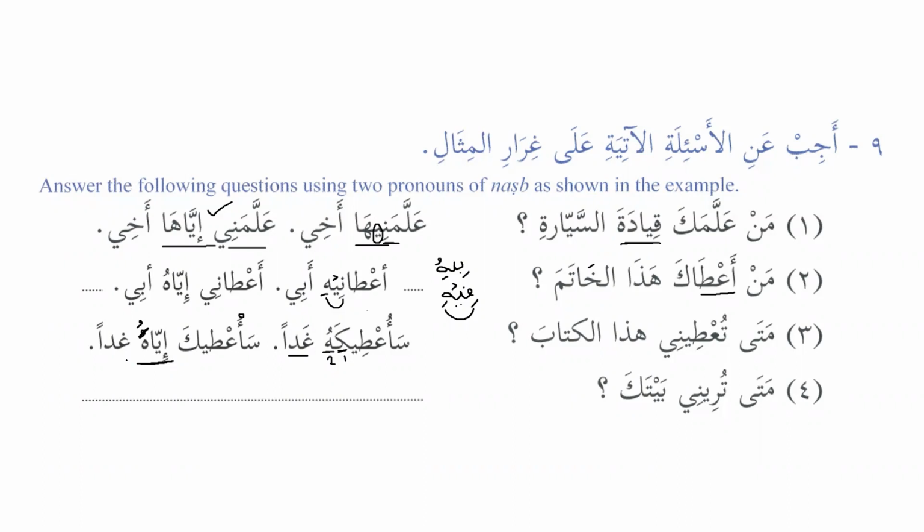Okay, غدا أو بعد قليل. Very good. Or otherwise سأريك إياه بعد قليل. Okay, excellent. So سأريكه بعد قليل, I will show it to you after a while. Or سأريك إياه بعد قليل, I will show it to you after a while.